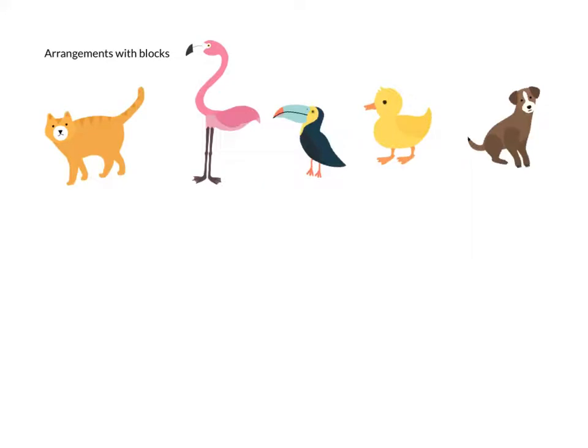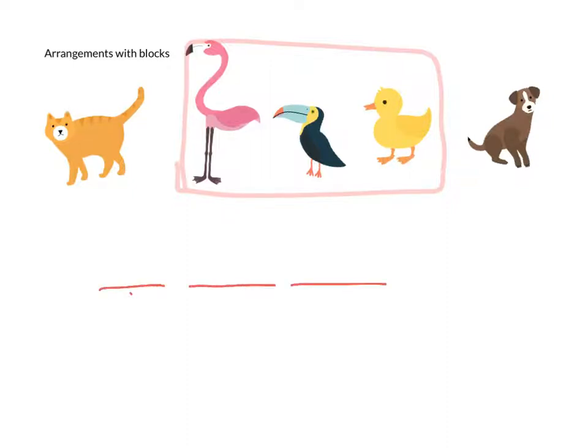Now, another situation you might have is you have some of the items need to stay in a block. So, for example, if the three birds kind of want to hang out together and be a bit of a pack there, and must sit next to each other when we line them up in the spaces, we can consider that we have actually three spaces. So this one here, we can just call it the birds.